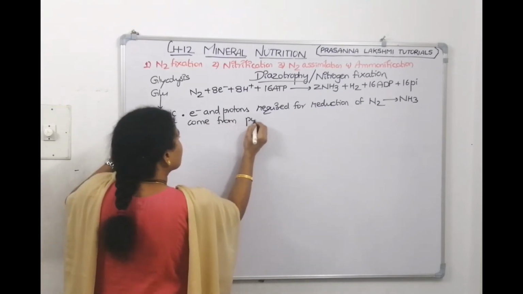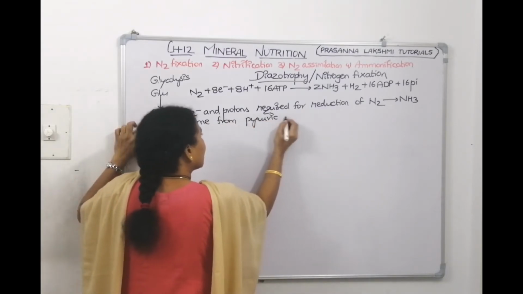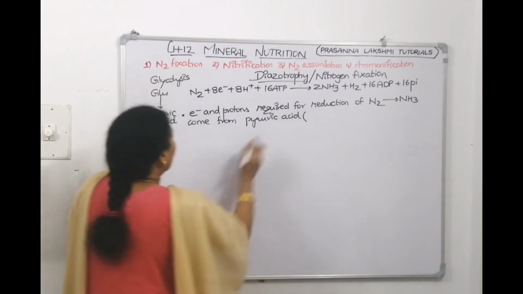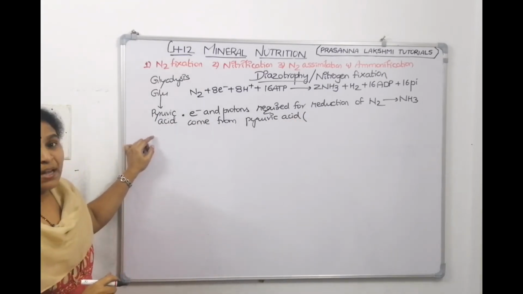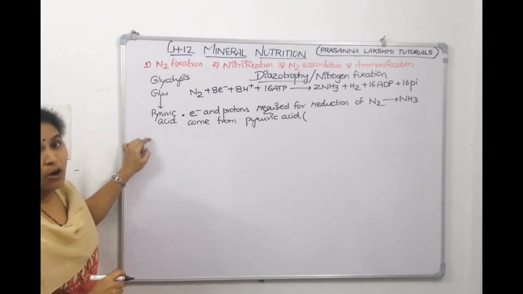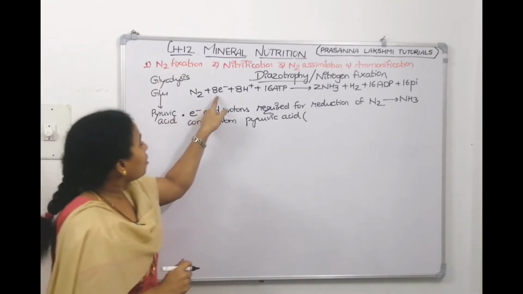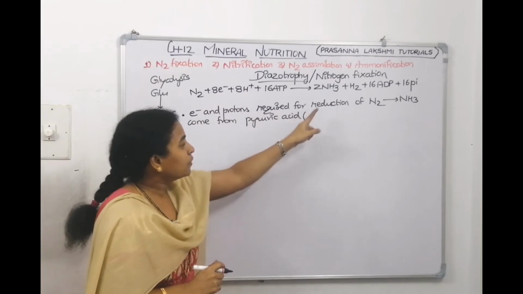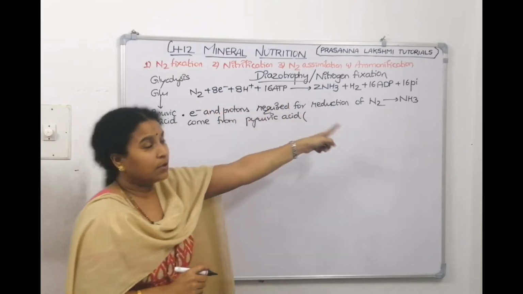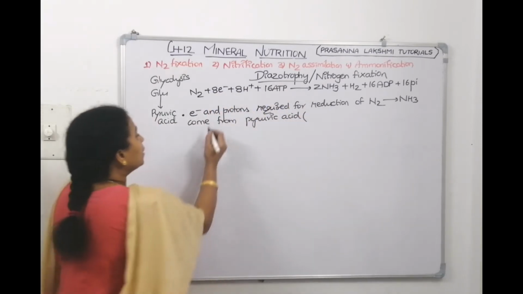They come from pyruvic acid. And what is pyruvic acid? Pyruvic acid is the end product of glycolysis. When you break glucose, you will get pyruvic acid. So the electrons and protons required for the reduction of nitrogen to ammonia come from pyruvic acid.